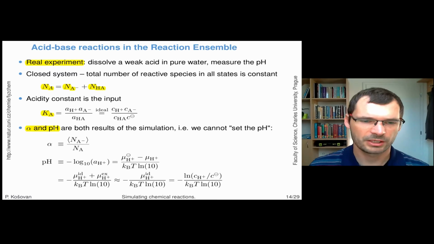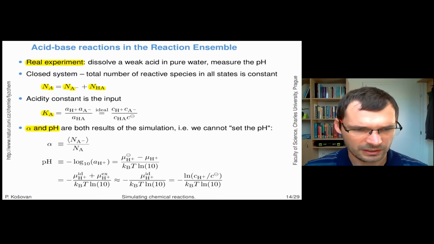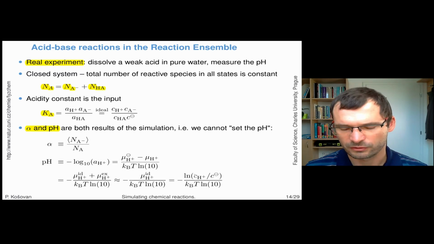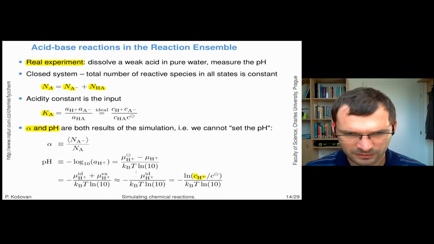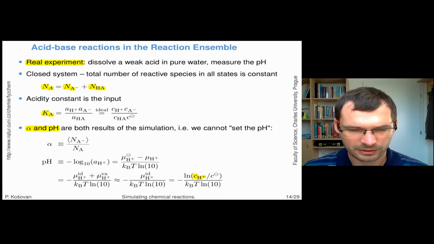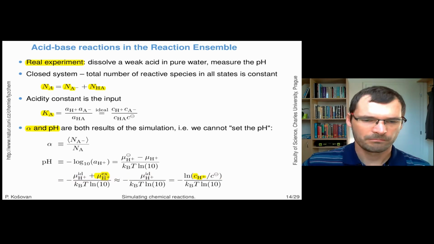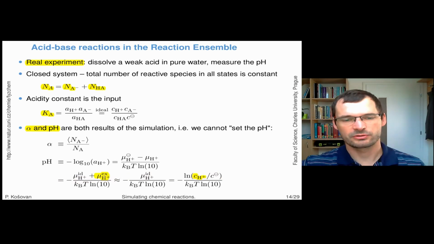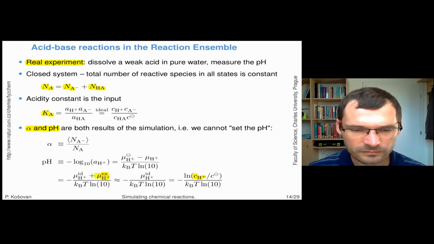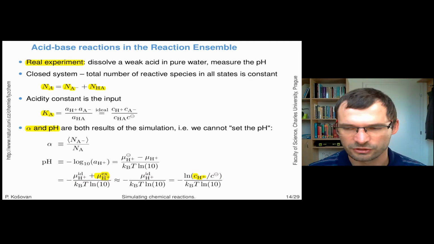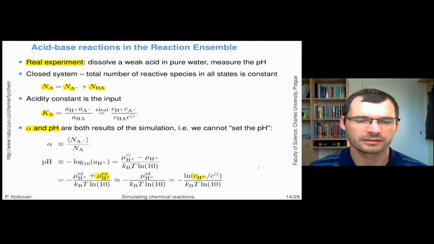We only measure it at the end of the simulation as the ensemble average of the concentration of H+ ions, making deliberately a small systematic error by neglecting the excess potential of H+ ions, but it turns out that for most soft matter systems, this systematic error is negligible compared to the effects that we would like to measure.